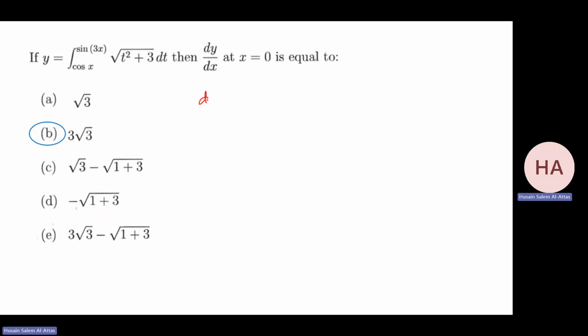Derivative dy by dx equal what? Square root sine 3x all squared plus 3 times derivative of this, which is 3 cosine 3x.